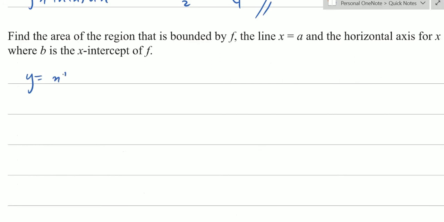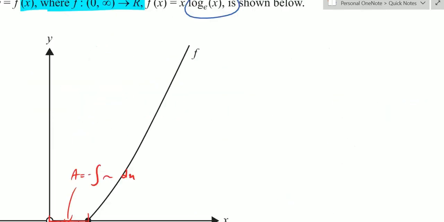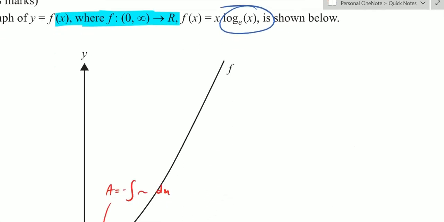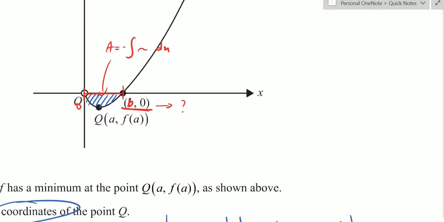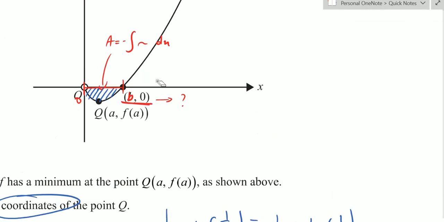So y is x ln x, then let y equals 0. So it's not going to be x equals 0, because if you remember from the very first part of the question, there's no graph at 0, so it's not 0. And you can also tell by looking at the graph that we're looking for the second answer, not the first one.